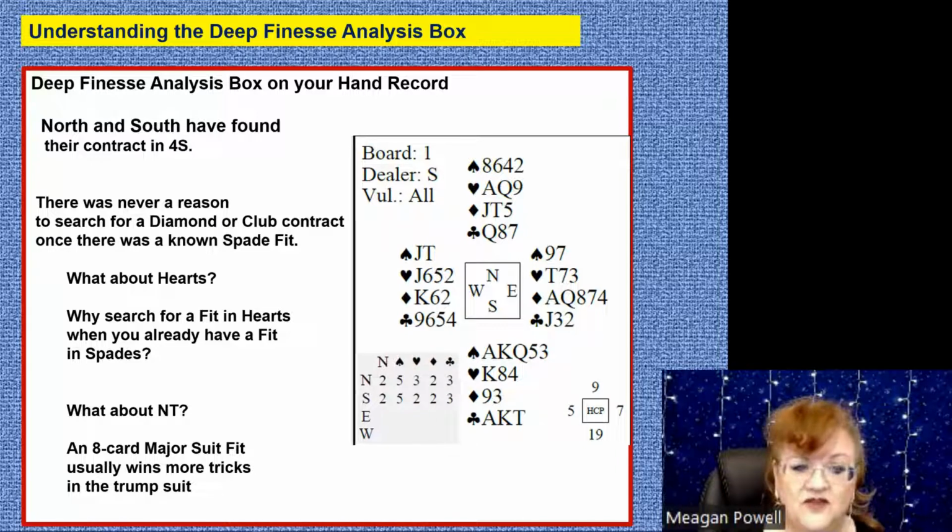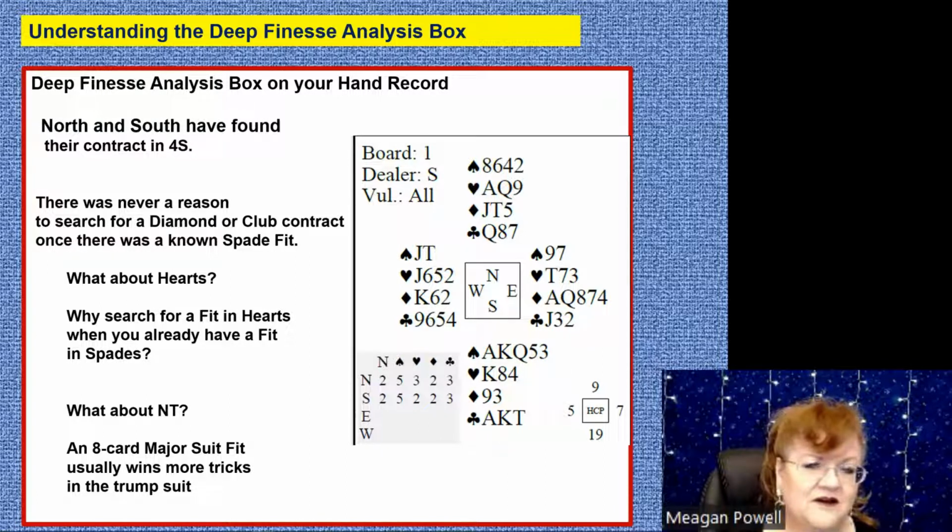What about the heart suit? That's a major suit, and it does say that you can take 8 tricks in South and 9 tricks in North in a heart contract. Well, would you have searched for a heart fit? Why would you have searched for a heart fit when you already had a spade fit? You wouldn't. You would not. It says you can take 9 or 8 tricks in hearts, and maybe you can based on where the cards are all situated.